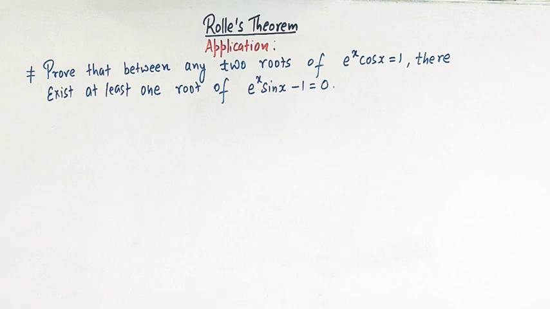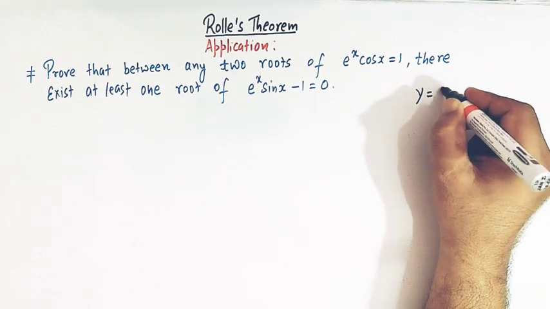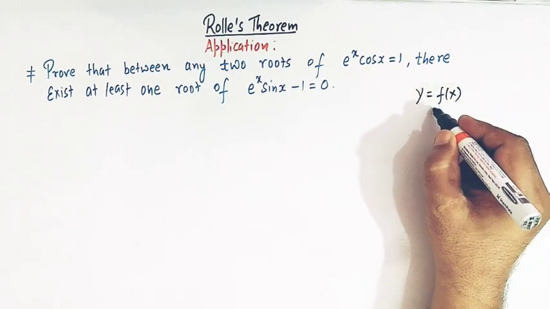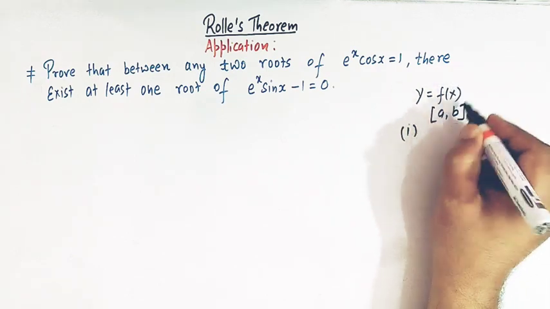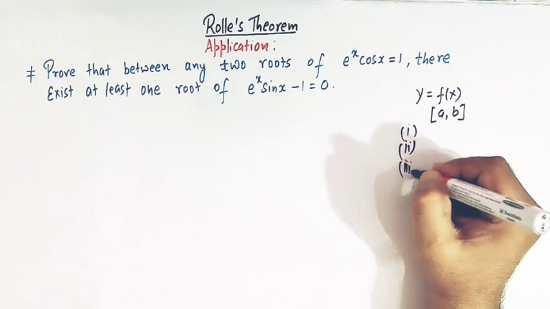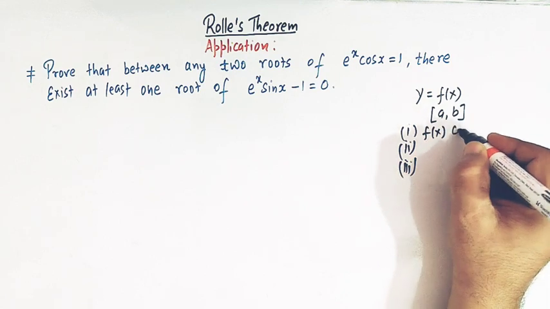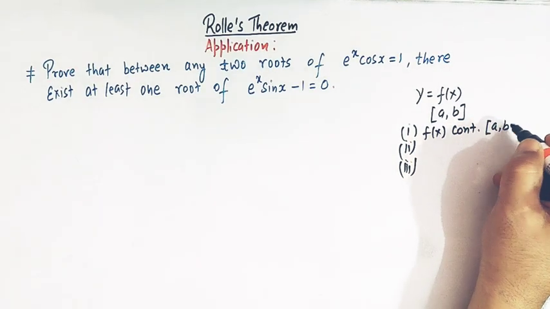So before taking this problem, let us quickly revisit the statement of Rolle's theorem. Rolle's theorem says that if we have a function, say y is equal to f of x, defined in some interval a comma b, and if this function satisfies three conditions. The first one is that f of x should be continuous in the closed interval a comma b.